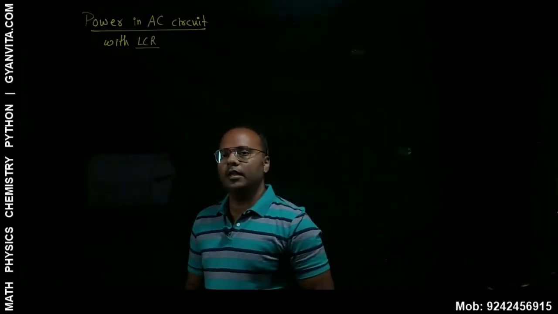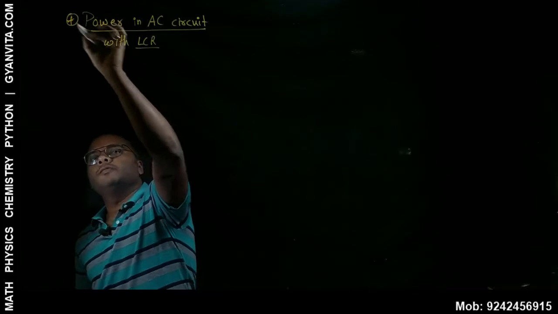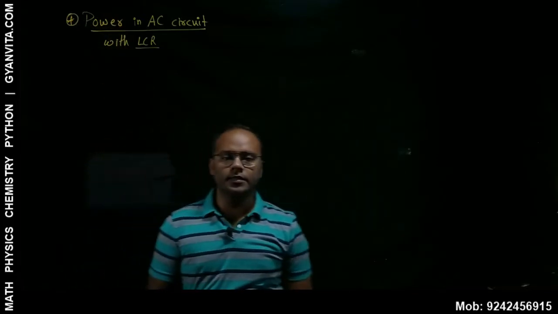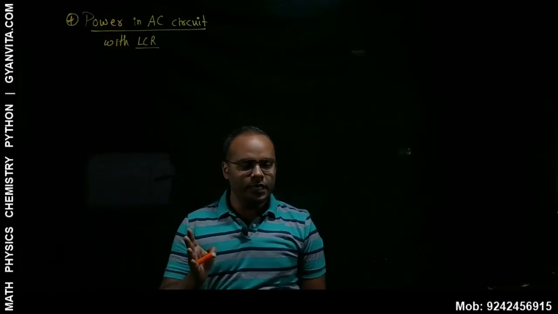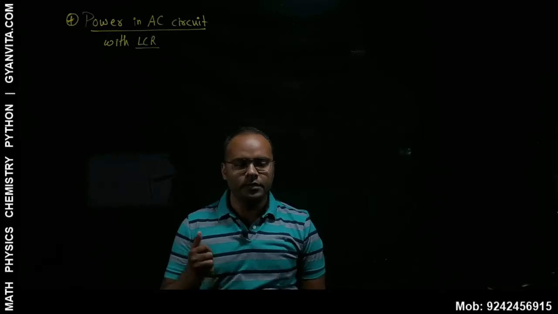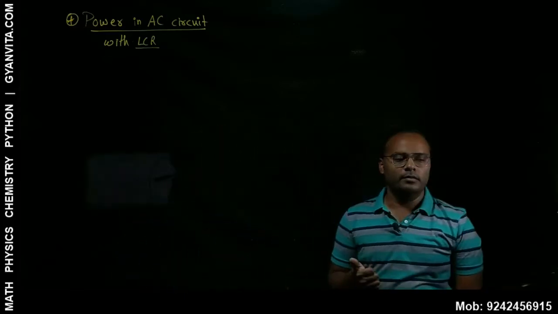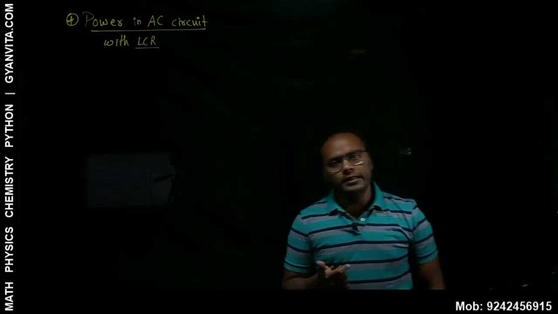In our previous class, we have already seen the expression for power in an AC circuit which has L, C and R, that is, an inductor, a capacitor and a resistor.